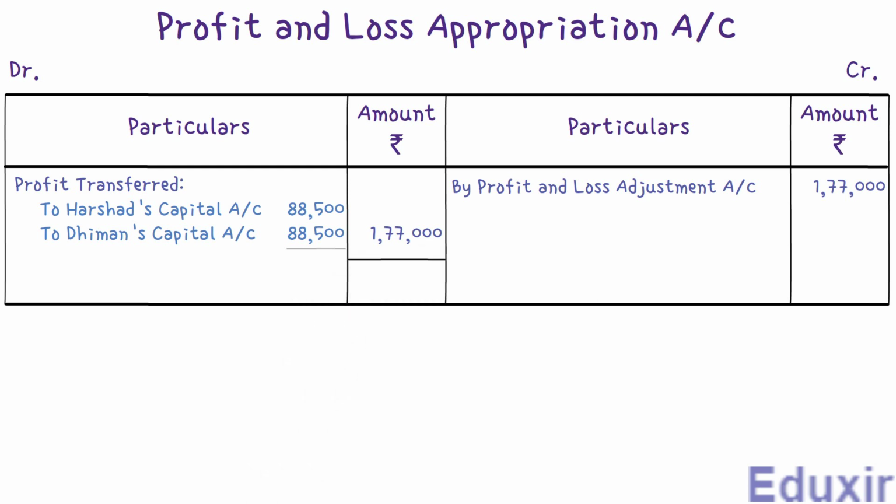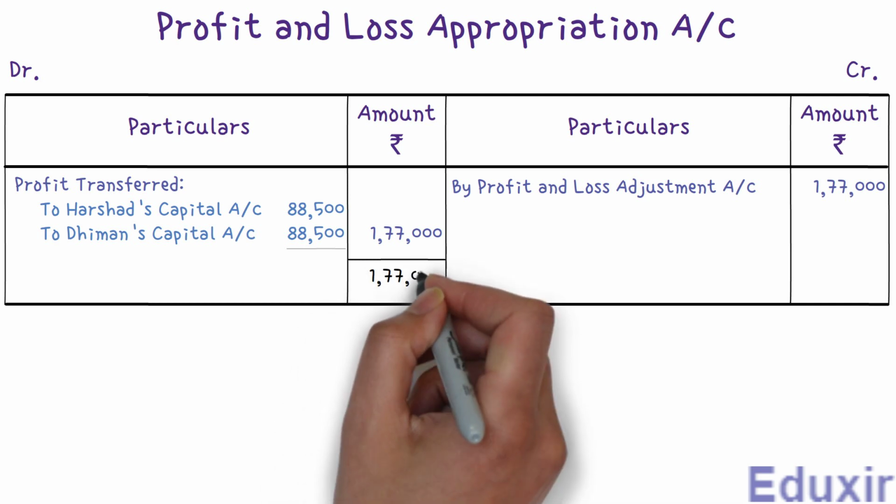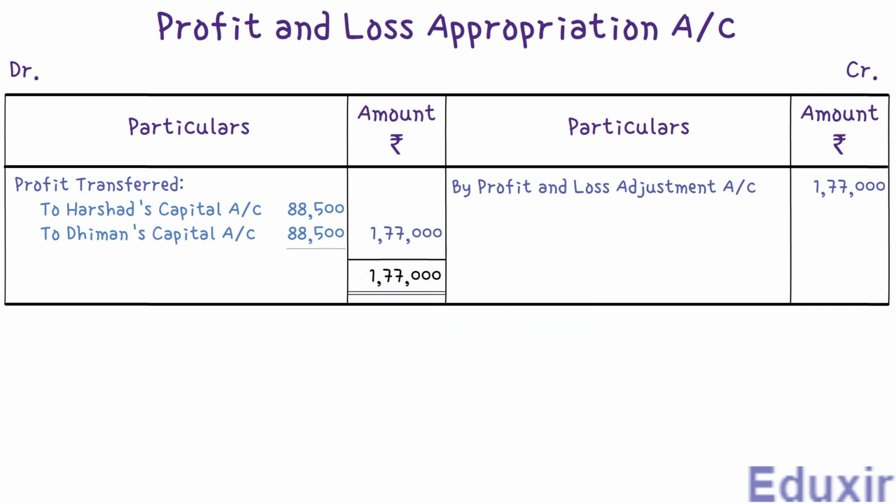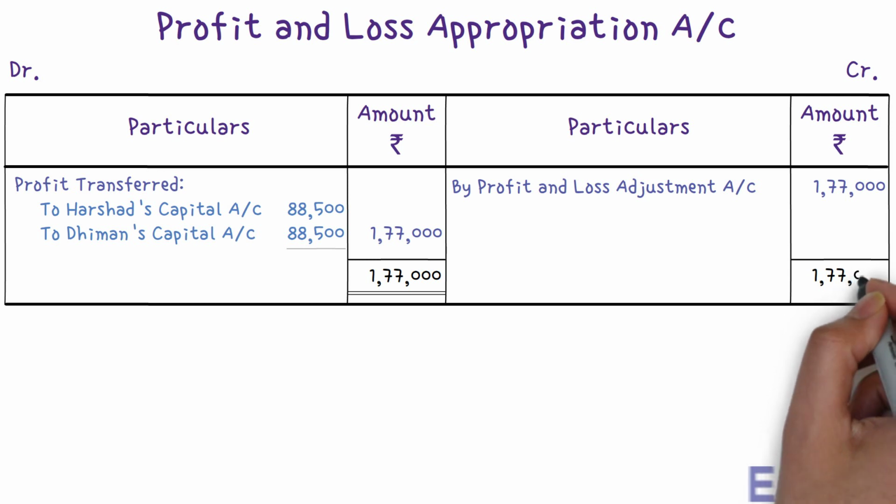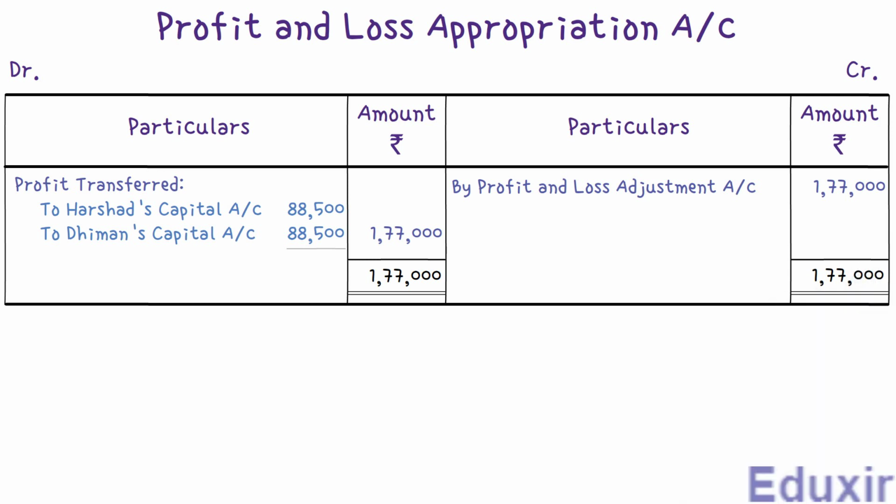The total on the debit side of the profit and loss appropriation account is 1,77,000 rupees. Similarly, the total on the credit side of the profit and loss appropriation account is 1,77,000 rupees. So now the profit and loss appropriation account is balanced. With that, we have come to the end of this problem's solution.